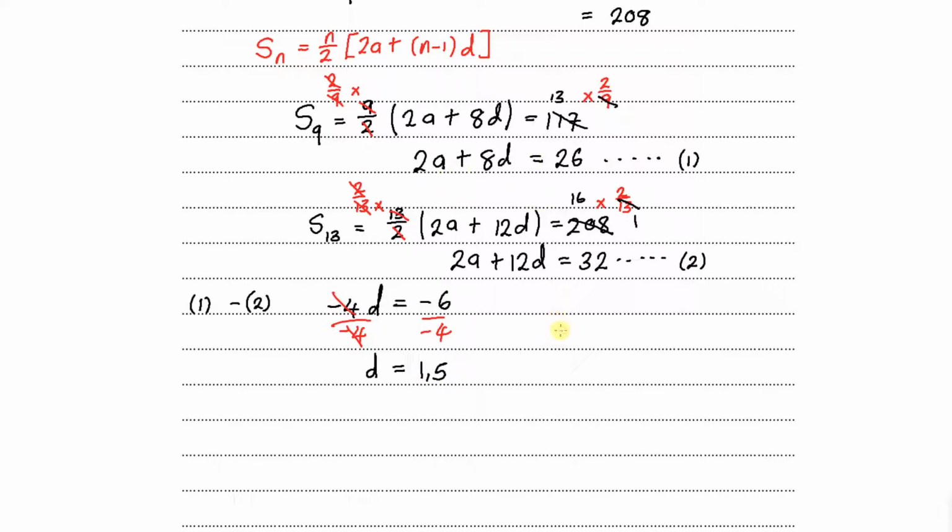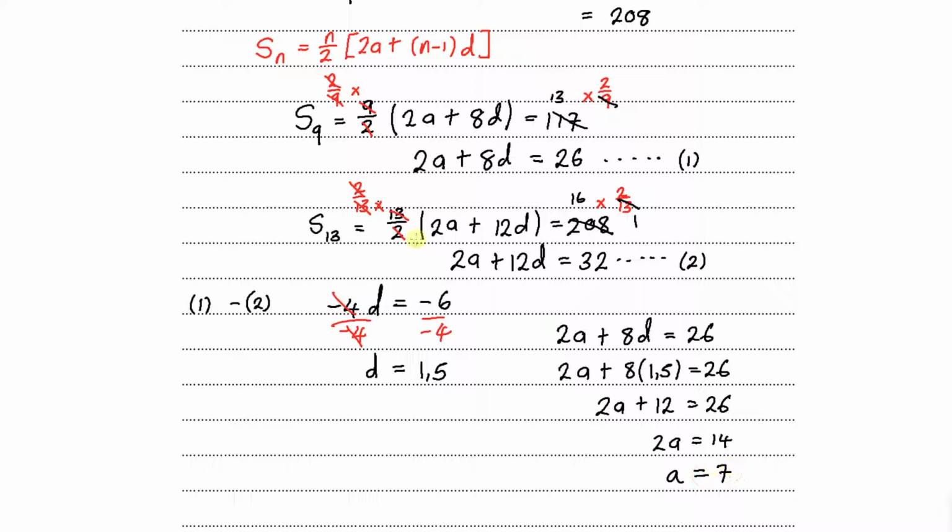If I take any one of the two equations, I can take the 2a plus 8d is equal to 26, and I substitute d into it, so that's 2a plus 8 of 1.5, it's equal to 26. So that's 2a plus 12 is equal to 26, and that's 2a is equal to 14 after subtracting 12 from both sides, and dividing both sides by 2, we get a coming out as 7.